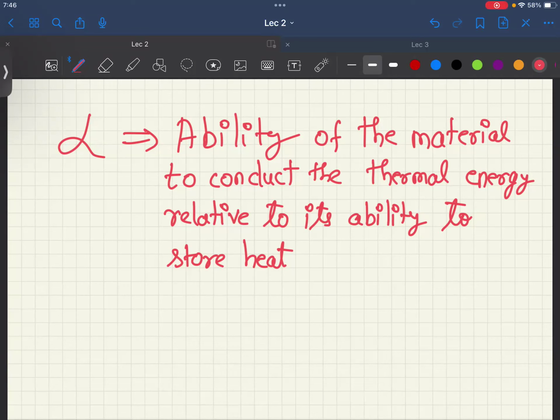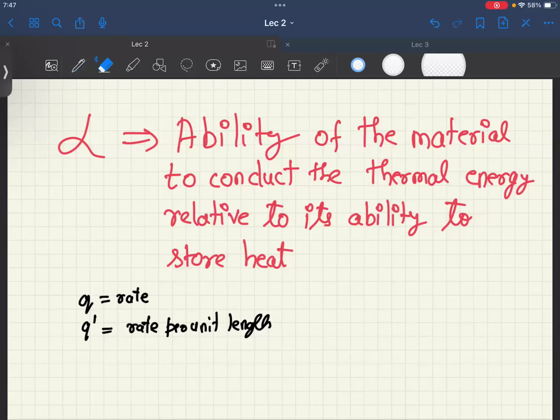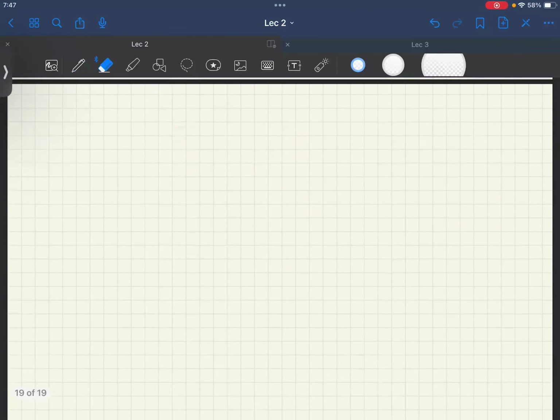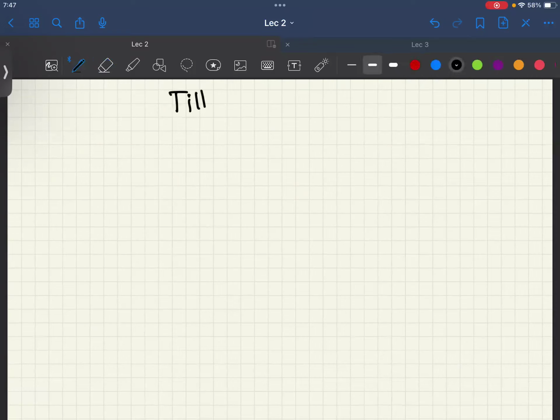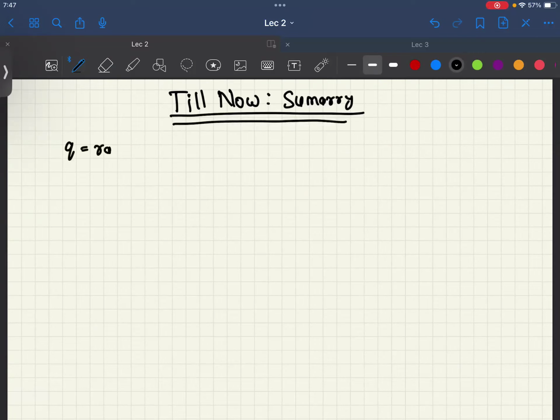Sir. तो इसका अभी तक हमने क्या सुना? हमने देखा कि this is what rate of heat transfer, this is what rate per unit length. Summary till now. ठीक है? That this is nothing but rate of heat transfer.